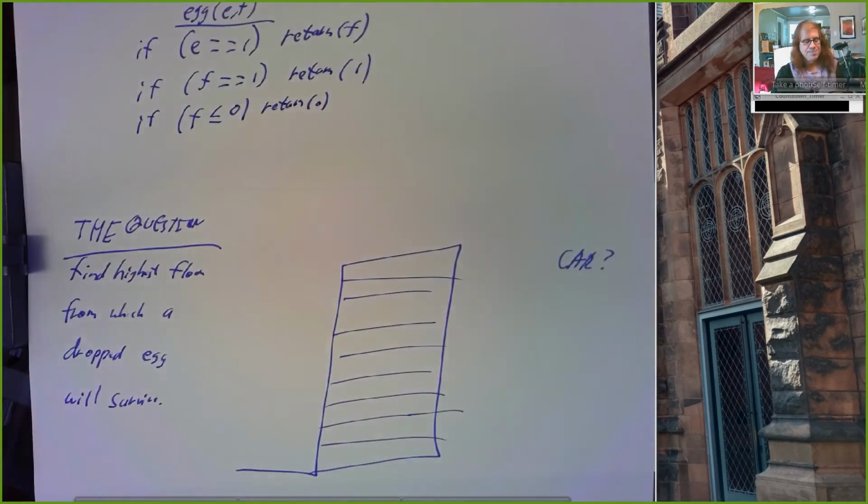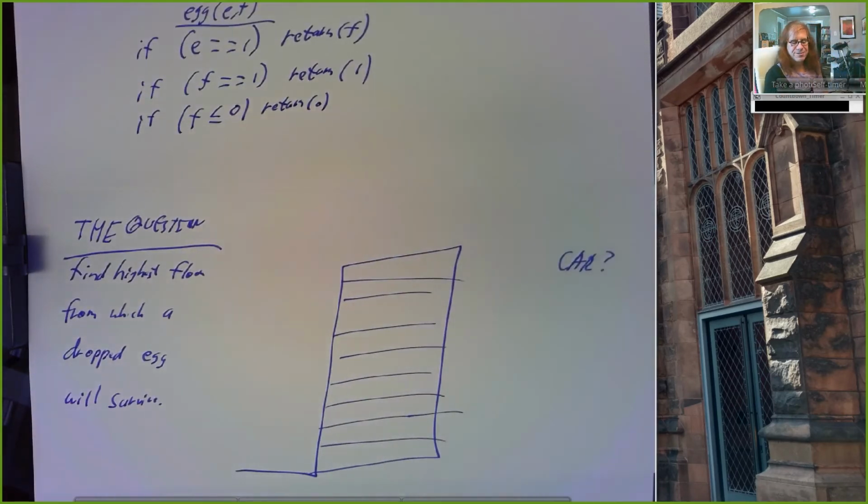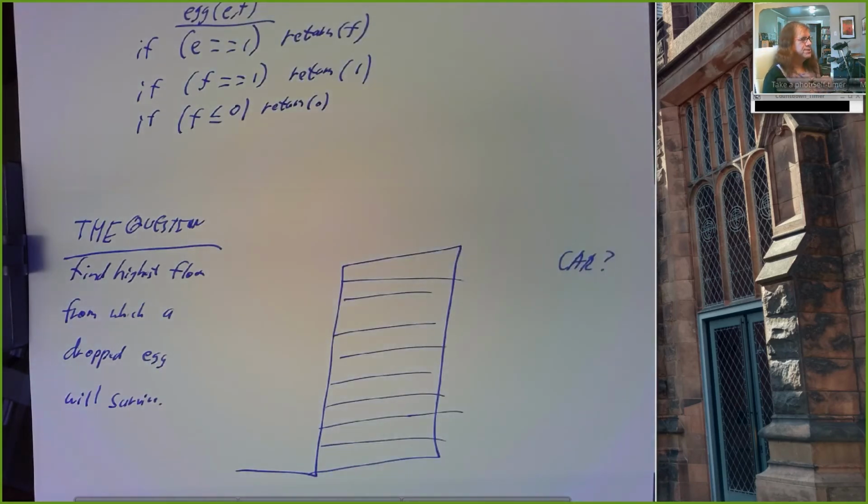And just to make things so we don't have to think too hard, if the number of floors is less than or equal to 0, it doesn't take any experiments. We don't have any experiments to run. So that's just a code simplifying base case.